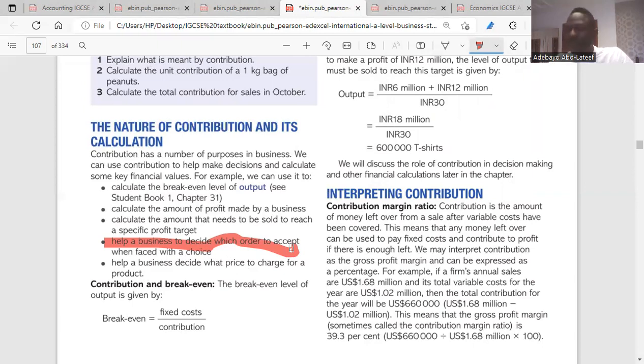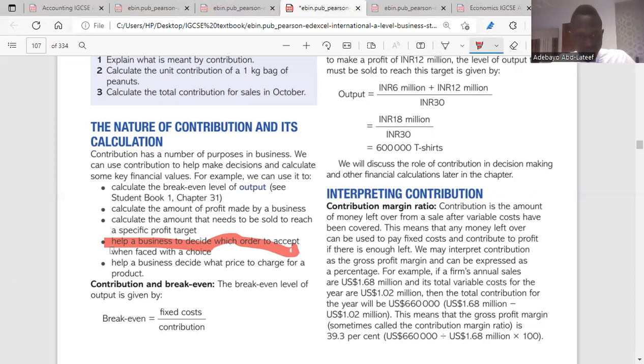Now your contribution should make up for your fixed cost and your profit. So if you have a profit target, you have to start thinking about contribution pricing. We'll get there, and when we get there, I will explain further. You have to think about the price at which you can sell to your customers that will exceed the variable cost per unit.